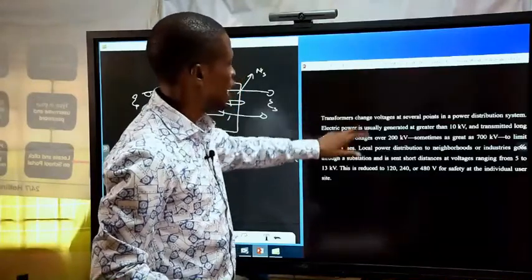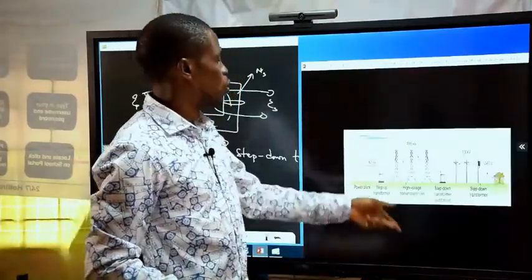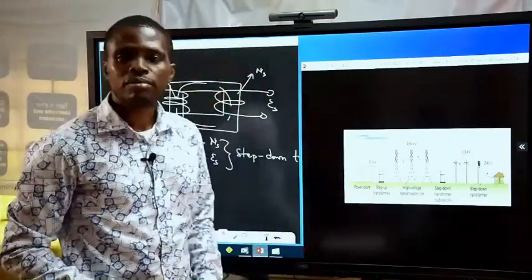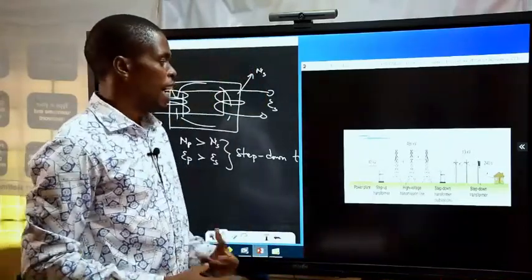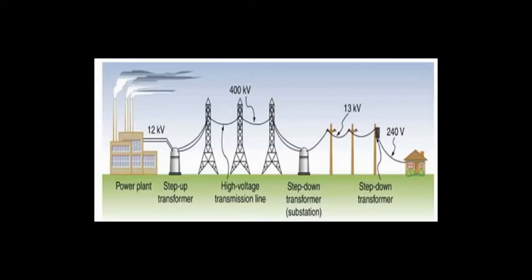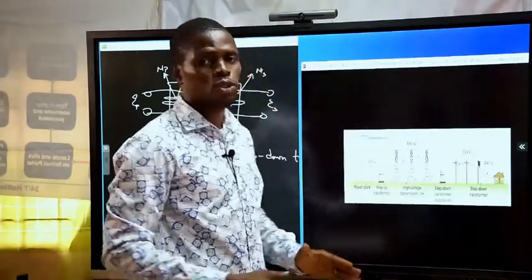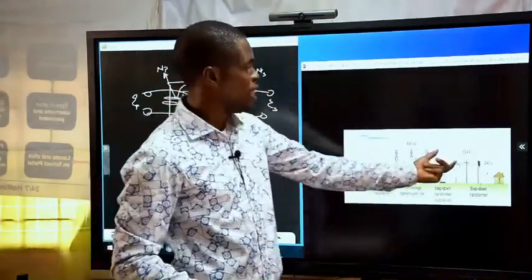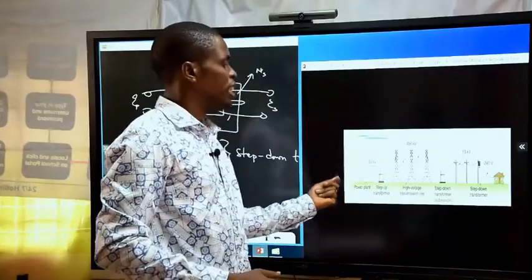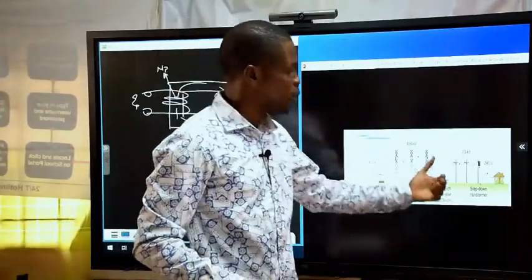Then from the transmission line, it will come to a step-down transformer, or what we call a substation. At this step-down transformer, it will step it down from 400 kV to about 11 or 13 kV, maybe 33 kV, depending on the use. At this point, where the transformer steps down, it is distributed to various local streets and areas. The voltage transmitted is now getting close to the consumer.